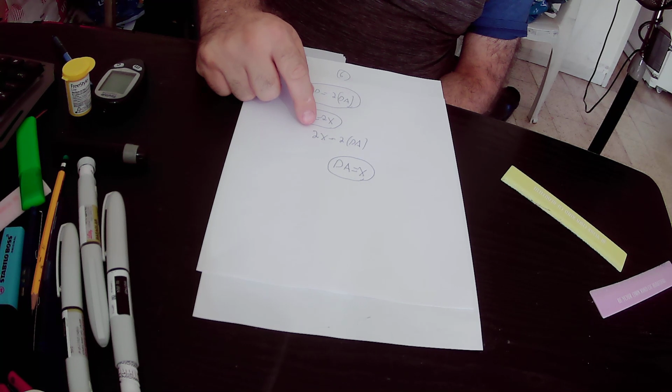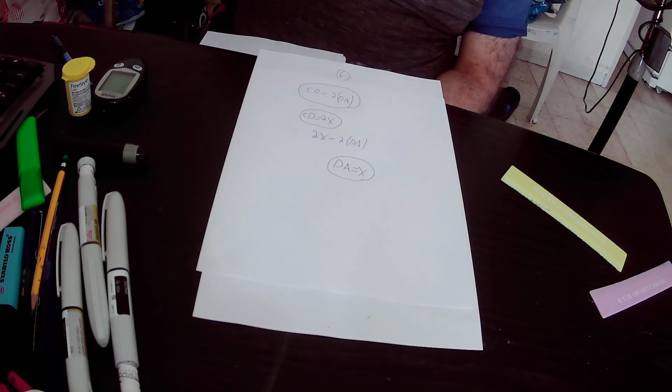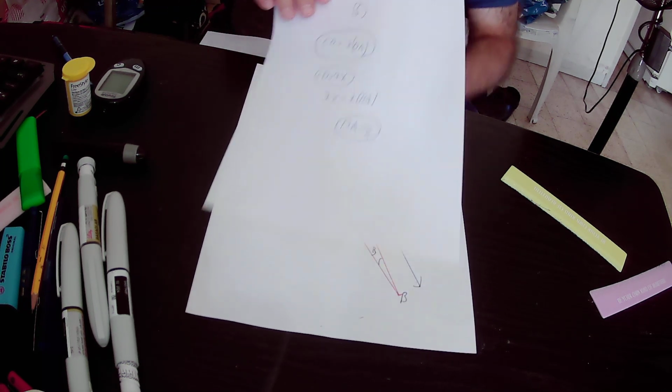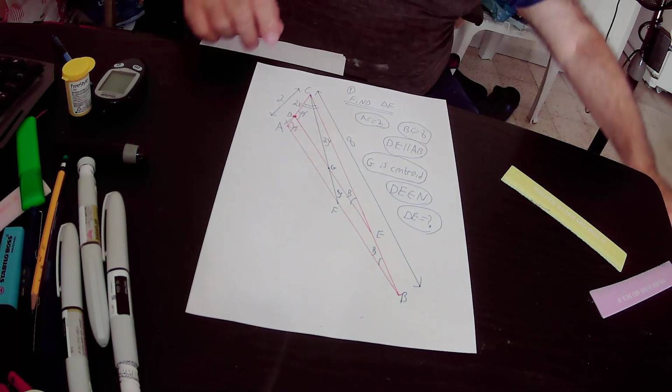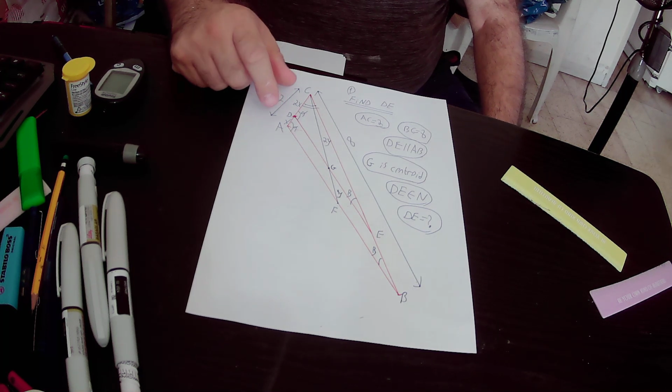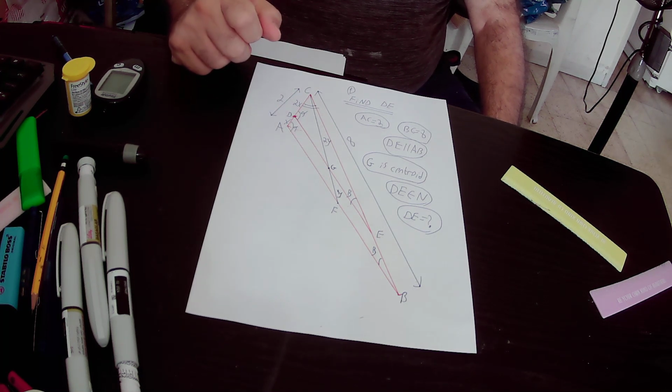Then we will divide this equality by 2 and we will get that DA equals x. So we can write in the drawing that CD equals 2x and AD equals x.